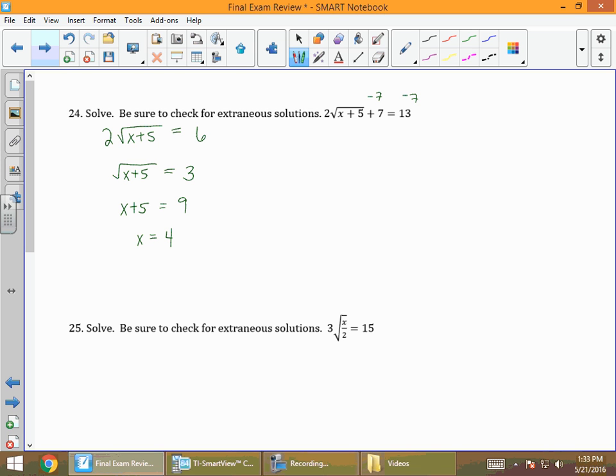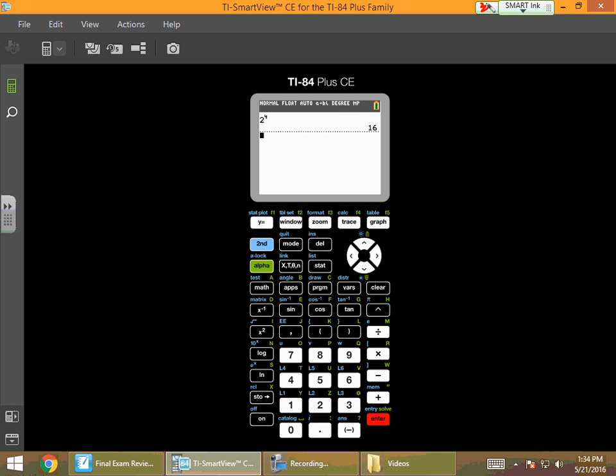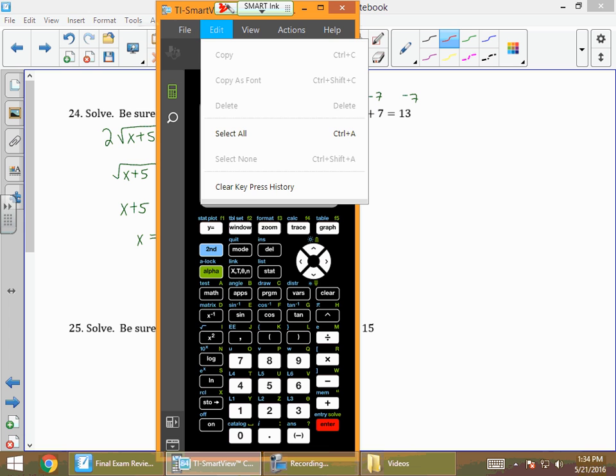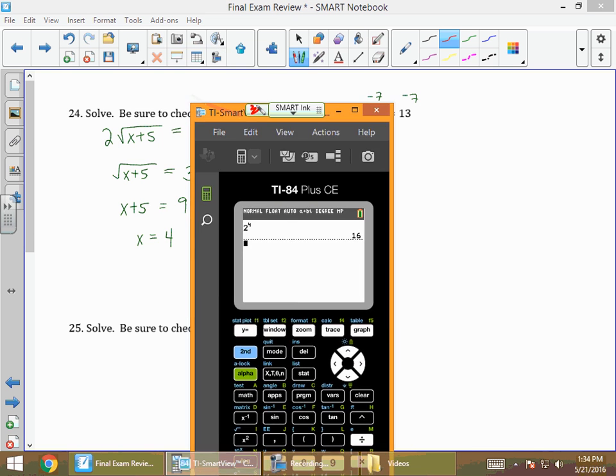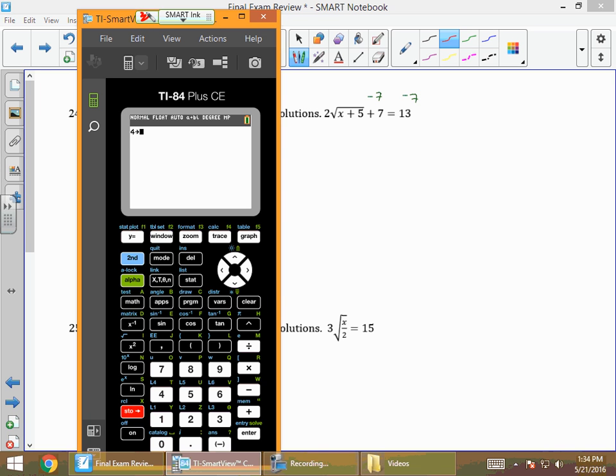I'm actually going to check this by using the calculator. We said that the answer was 4. Okay, so what I'll do is I'm going to say 4 store as my x value. And then I'm going to type in the equation, 2 square root x plus 5 plus 7.